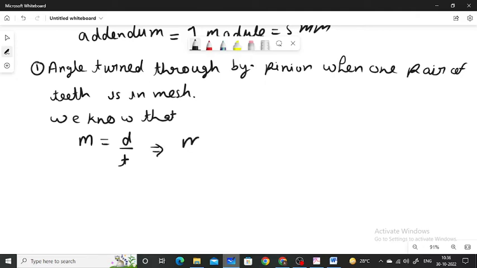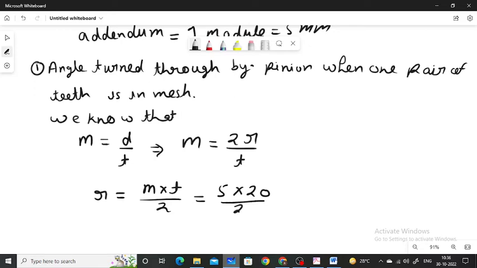If the radius of the pinion is small r, in that case d is equal to 2r, or radius of the pinion will be equal to the module into number of teeth divided by 2. Module is given 5, number of teeth is 20, so the radius of the pinion will be 50 mm.